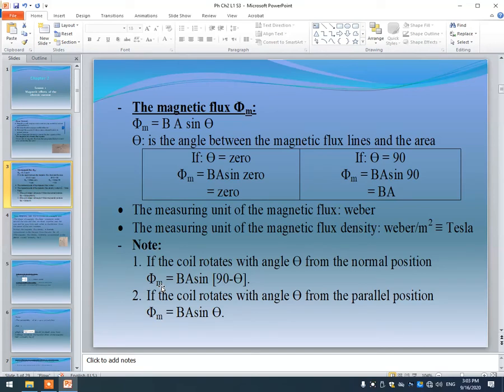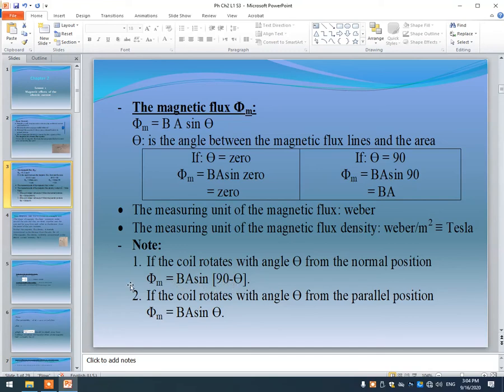From here we can calculate phi m by this equation: phi m equals AB sine (90 minus theta). Why do we put 90 minus theta here? Because the coil was perpendicular, then it changed to be theta. So to calculate the difference between both, it will be AB sine (90 minus theta).